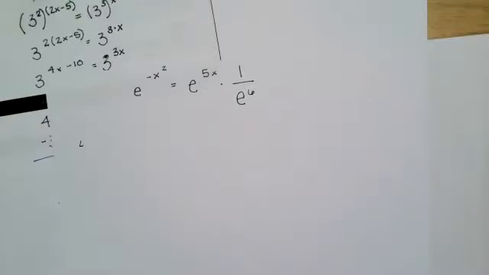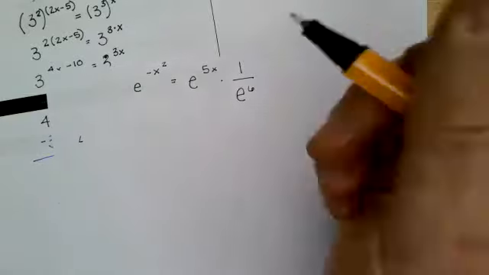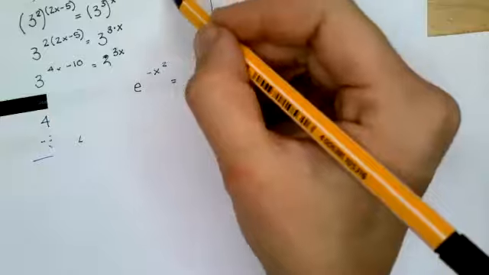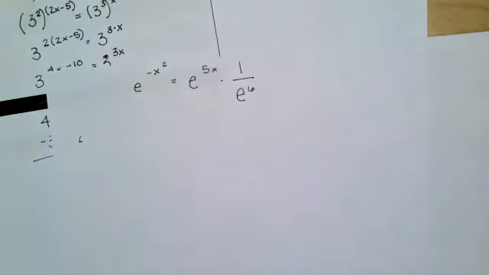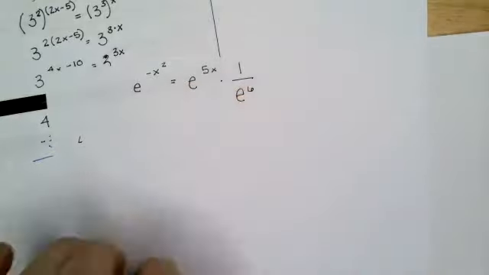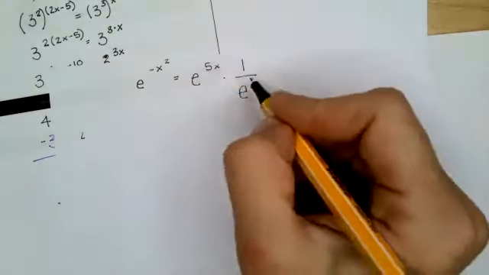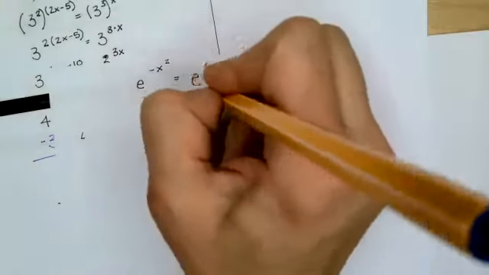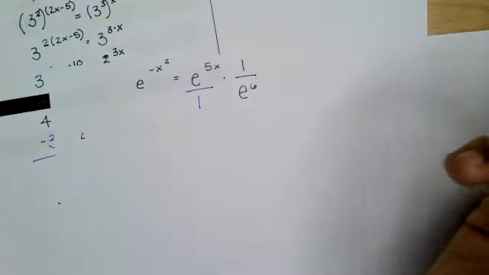Okay, let's simplify this as much as we can. We have all the same bases, but this one's a fraction. So let's fix it, right? Since this is a multiplication, and I want to multiply this by this fraction, let's turn this into a fraction and multiply it straight across, okay?